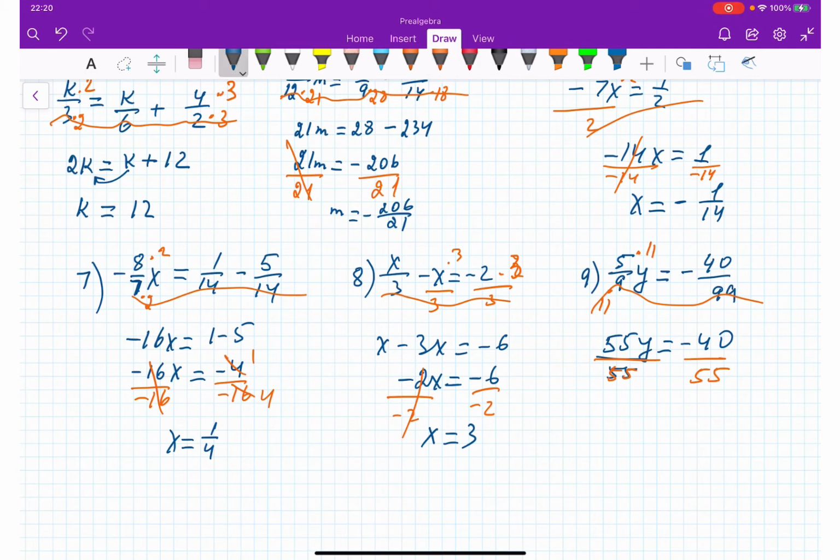And result is y is equal to negative 40 over 55, right? We can divide by 5. This will be 8. This will be 11. And the answer is negative 8 over 11. Okie dokie.